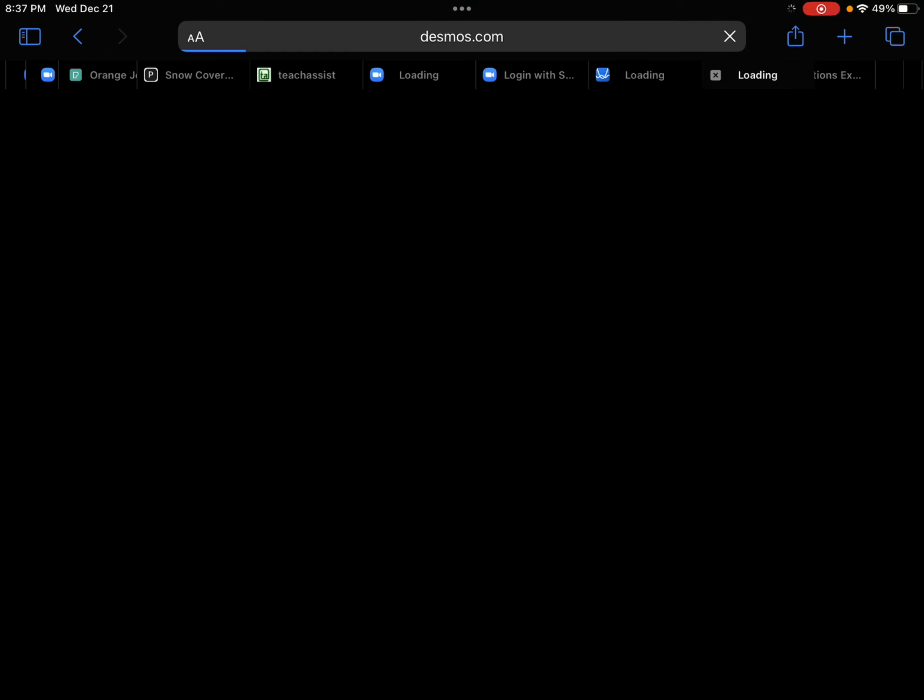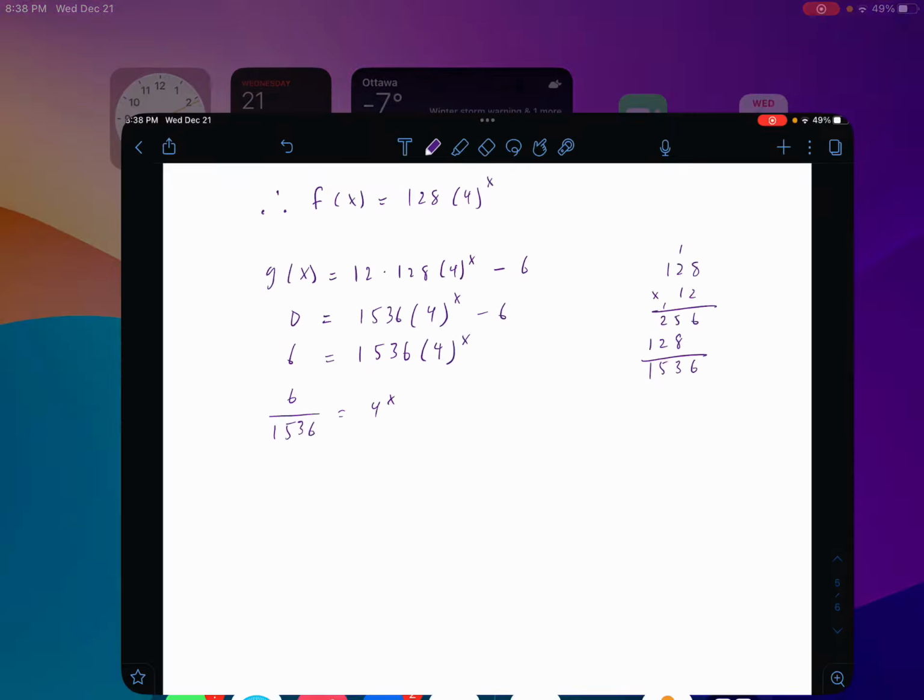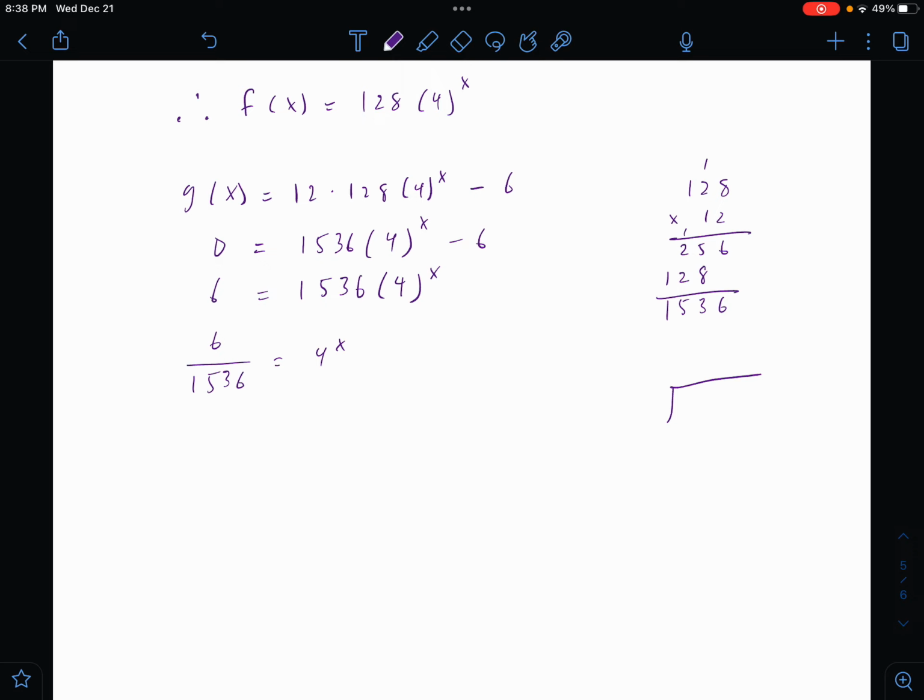Oh, it's actually open already. Yeah, it's taking a while. Or maybe just long division could work too. It probably is divisible, 1536 by 6.